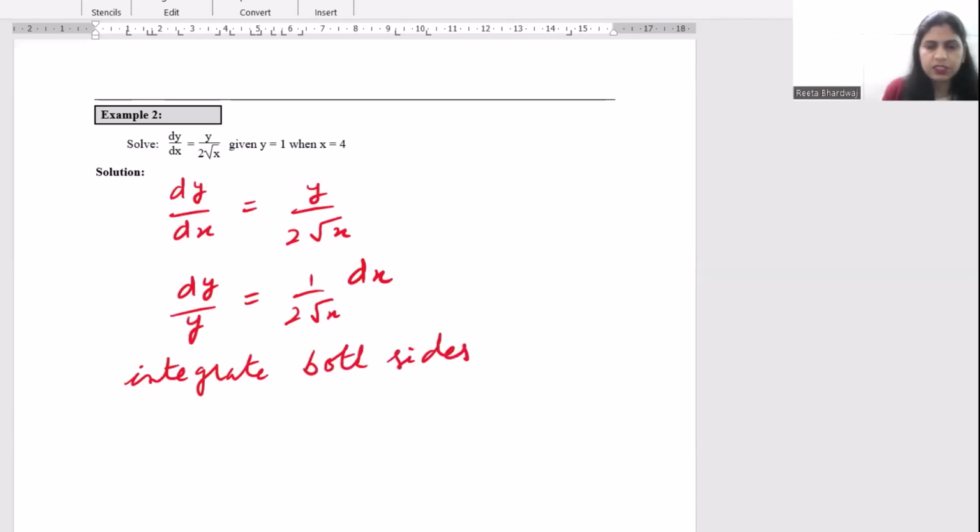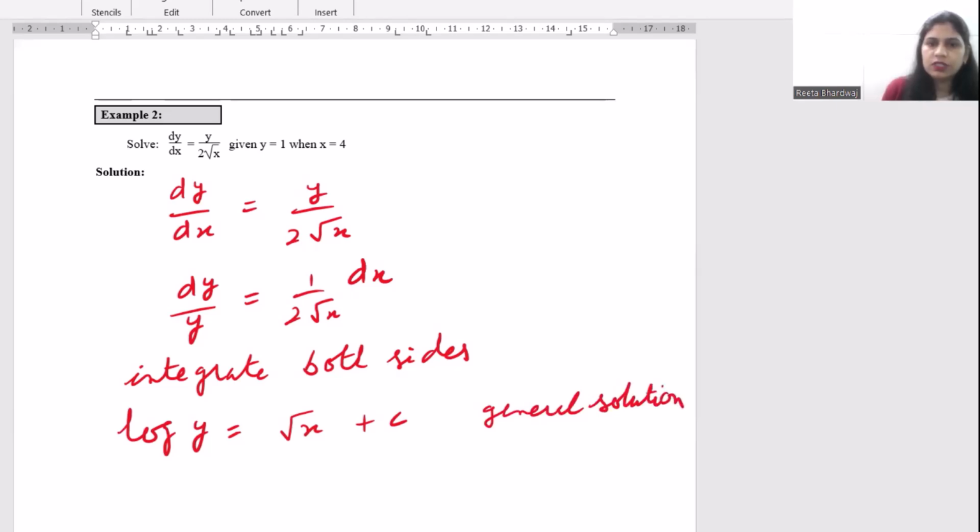By integration, we know the integration of the left hand side is log y, and the integration of the right hand side would be root x, plus a constant of integration. So this is the general solution of this differential equation.